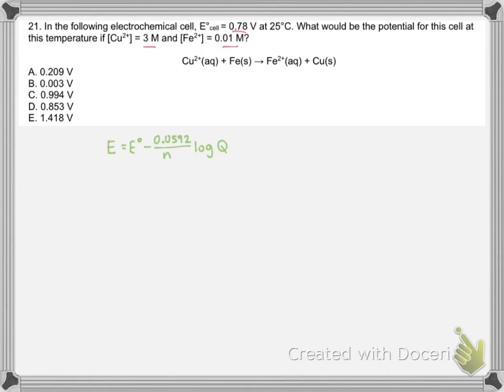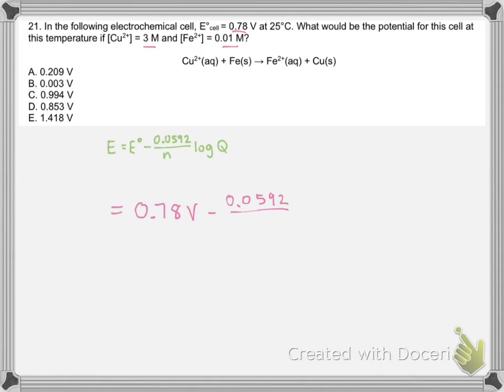And we'll have to use this full equation. And so they've already done a lot of the work for us, because we see that our standard cell potential is 0.78 volts. So of that minus 0.0592 divided by our number of electrons transferred.